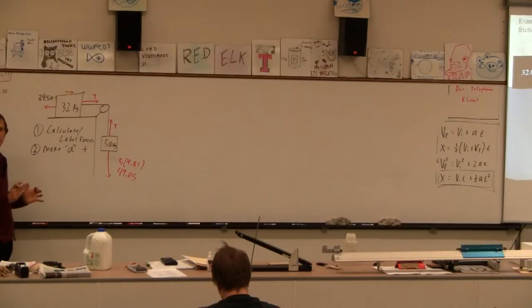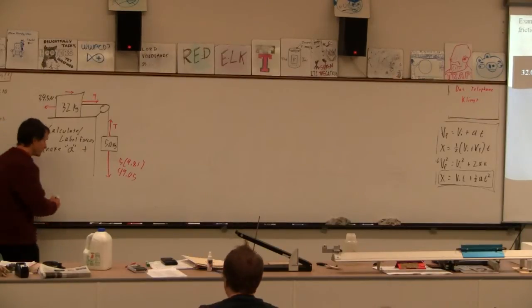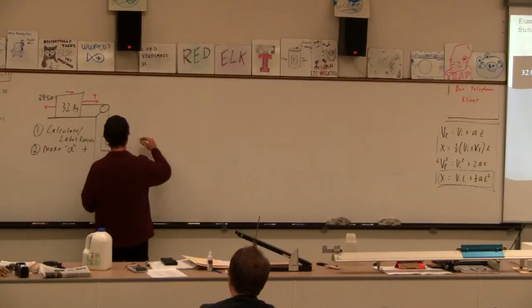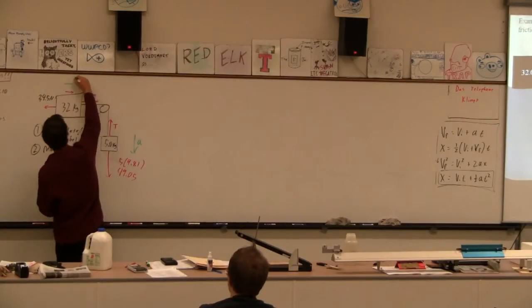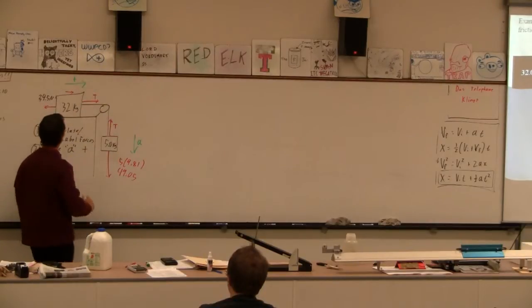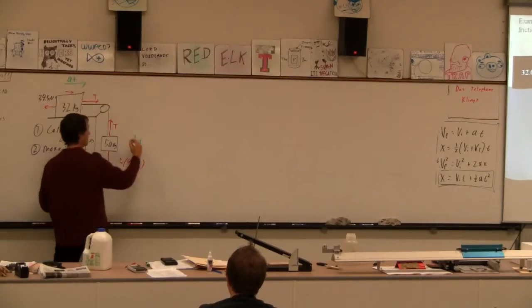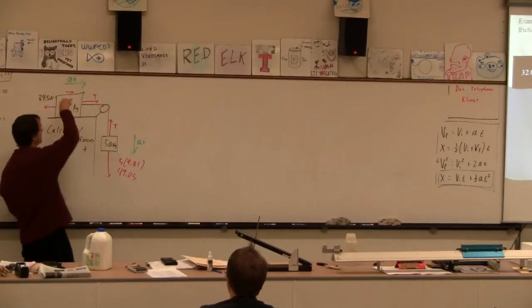Because you can't make two equations and have the same acceleration positive in one and negative in another, because then they're different accelerations. Okay? So what that means is that I'm going to make positive this direction, and I'm going to make positive this direction. That the acceleration is going to be positive down and this way.